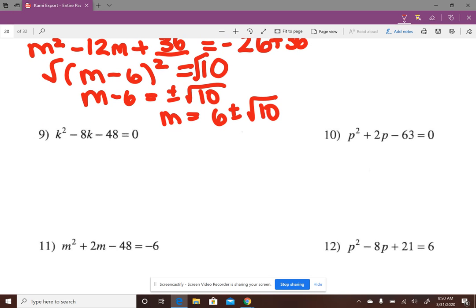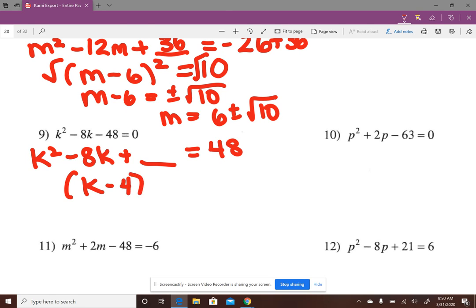All right. So I've got k squared minus 8k plus I don't know is equal to 48. Half of 8 is 4, so that's going to be k minus 4. And 4 squared is 16, so I'm adding 16 to both sides.